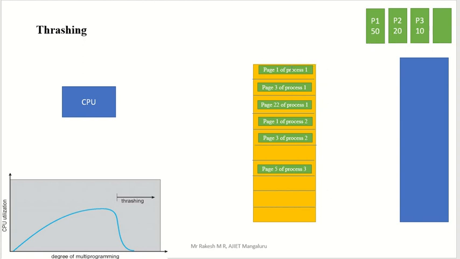So a lot of page faults occur because the size of the memory is small and the size of the process is large. That page fault will increase your thrashing.